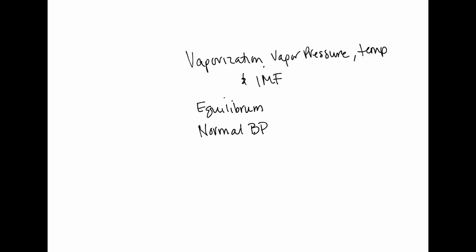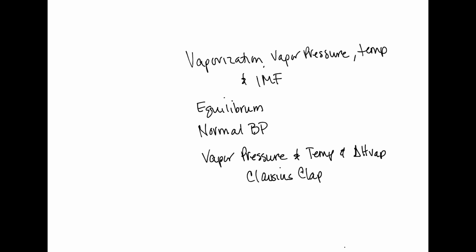And then we talked about the relationship between the vapor pressure and temperature, and the delta H of vaporization, which can be summed up in the Clausius Clapeyron equation.